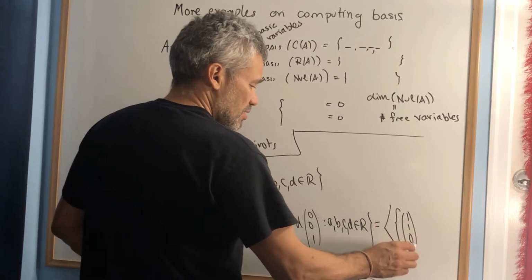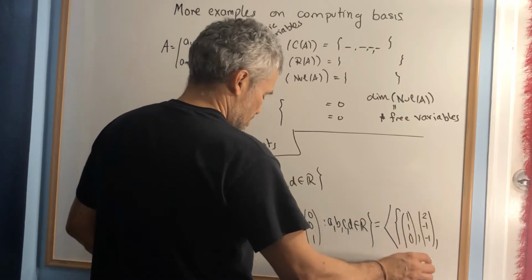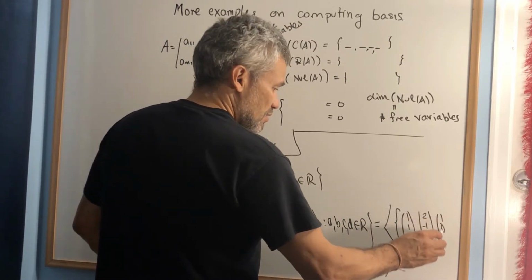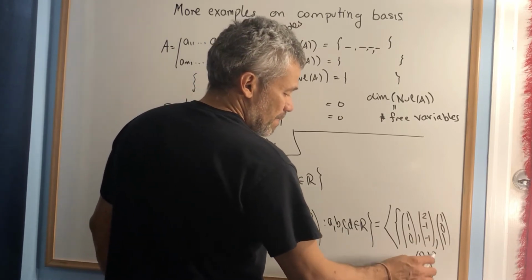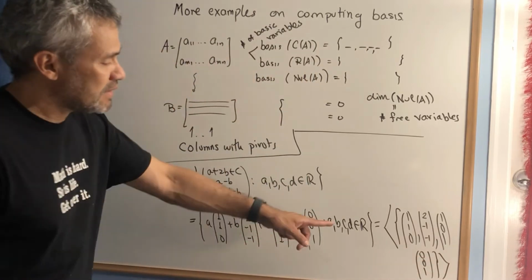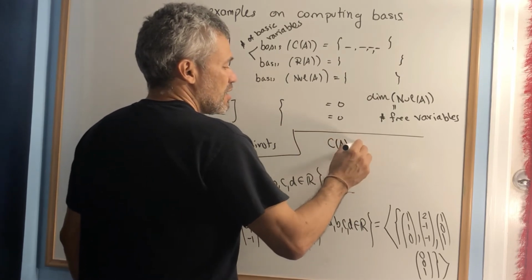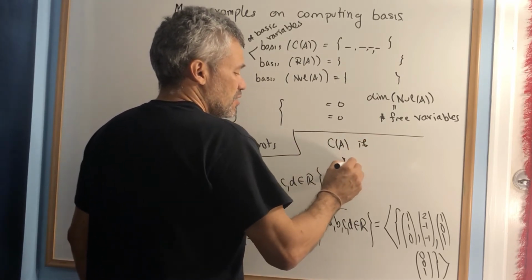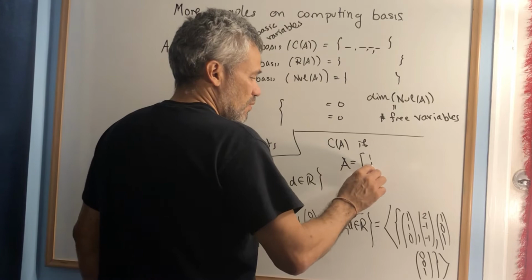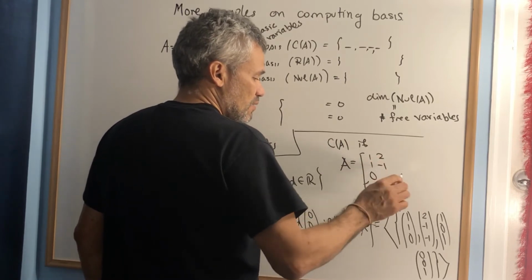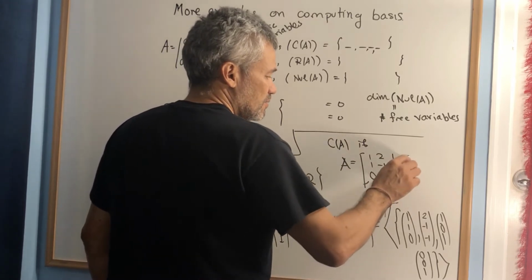The four vectors are (1, 1, 0), (2, -1, -1), (1, 0, 1), and (0, 0, 1). But that means this subspace is just the column space of A if we define A to be the matrix with columns (1, 1, 0), (2, -1, -1), (1, 0, 1), and (0, 0, 1).